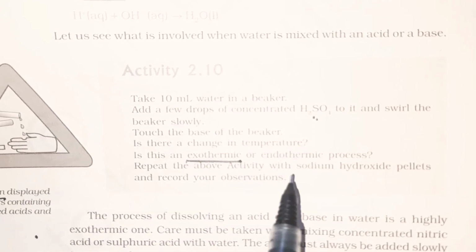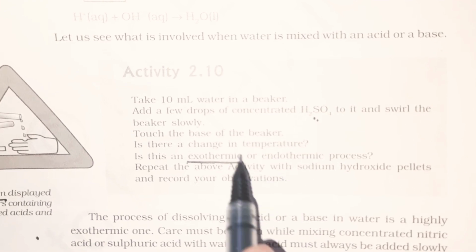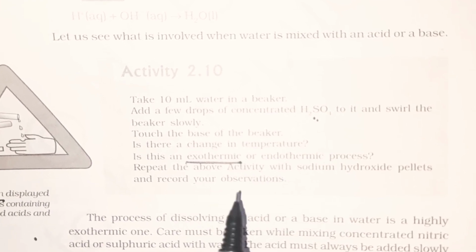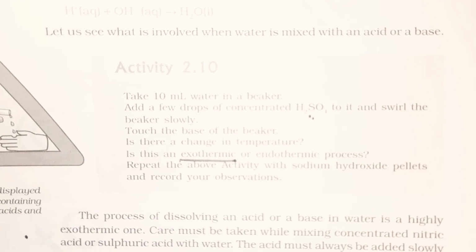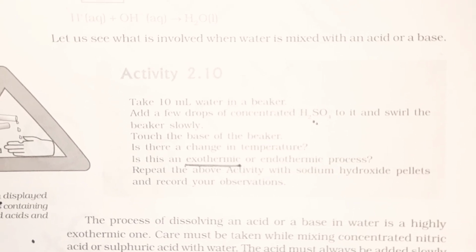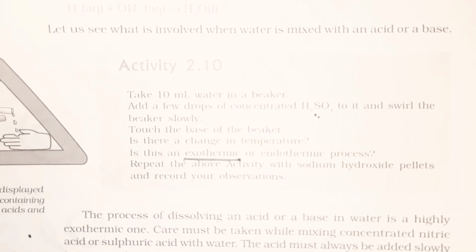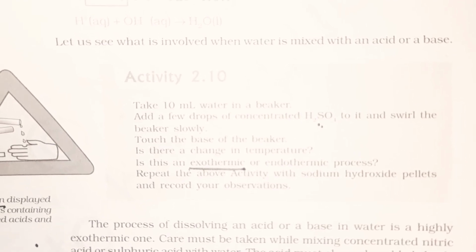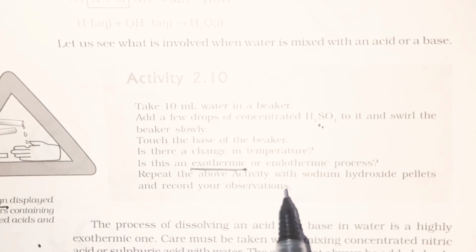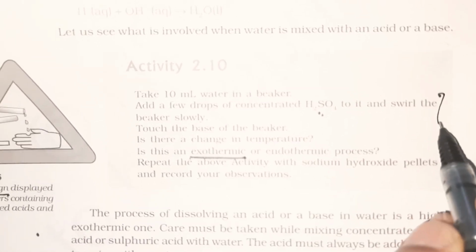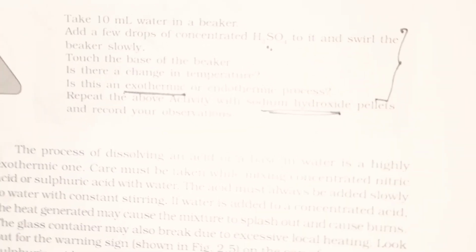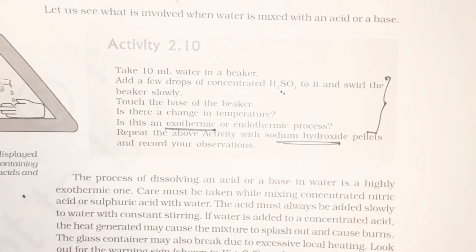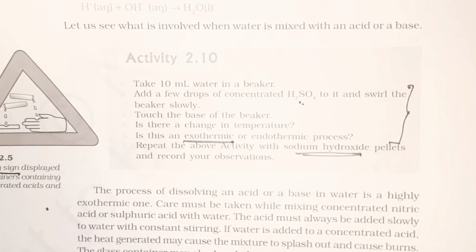They're asking whether the reaction is exothermic or endothermic. Exothermic, children, as you already know, is a reaction in which heat is evolved. So whenever sulfuric acid is poured in water, a large amount of heat is evolved, which makes this beaker very hot, right? Likewise, not only sulfuric acid is an exothermic reaction. Whenever we try to dilute or make a solution of sodium hydroxide pellets, it is always available in pellets.